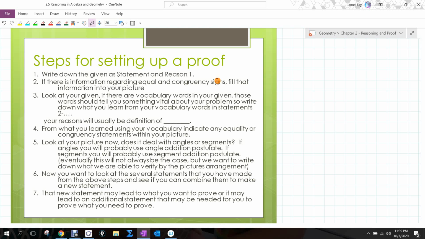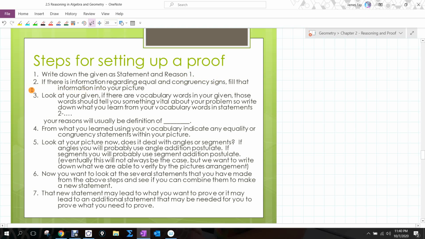Okay, it's very hard to do these proofs without labeling and filling in a picture, and you'll experience that later on. You don't see it too much today, but when we get into the next chapter, especially if we don't label things, we don't fill in congruencies, inequality in our pictures, the proofs become almost impossible to complete.